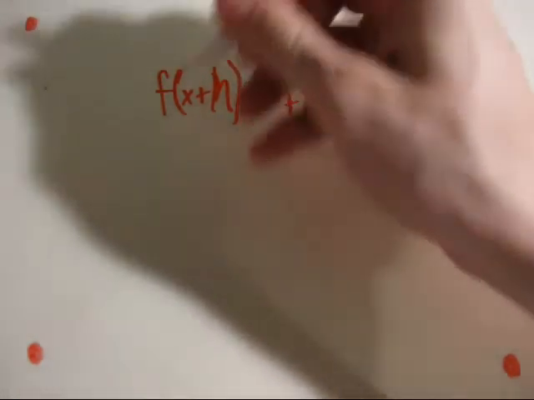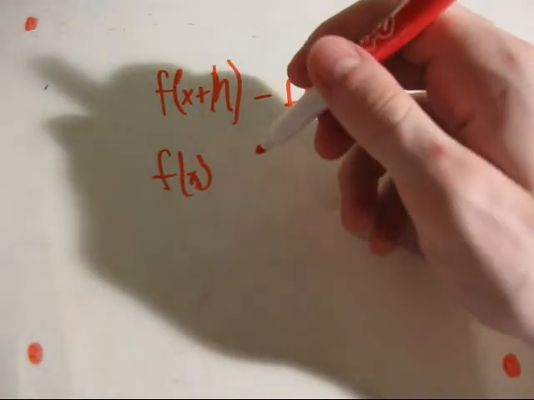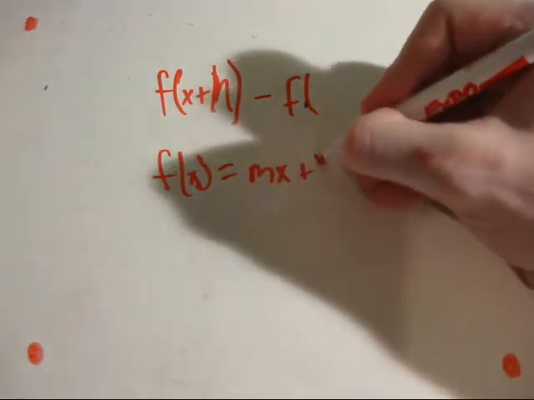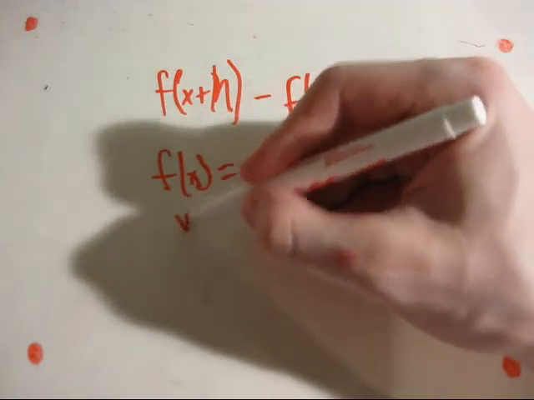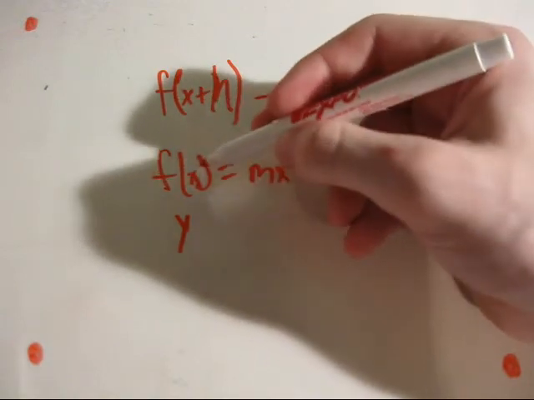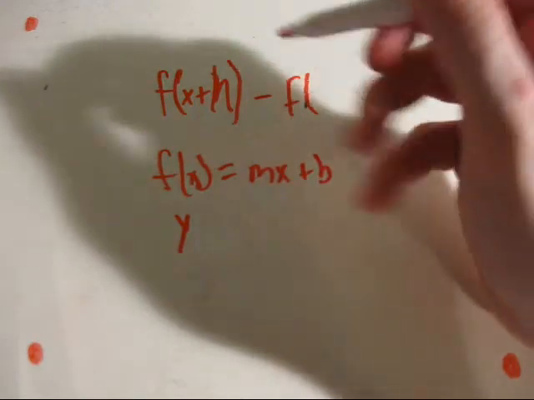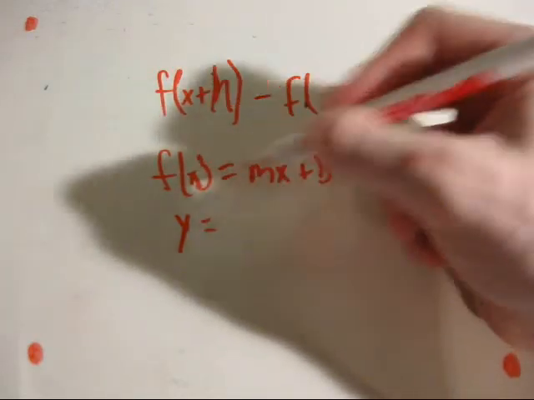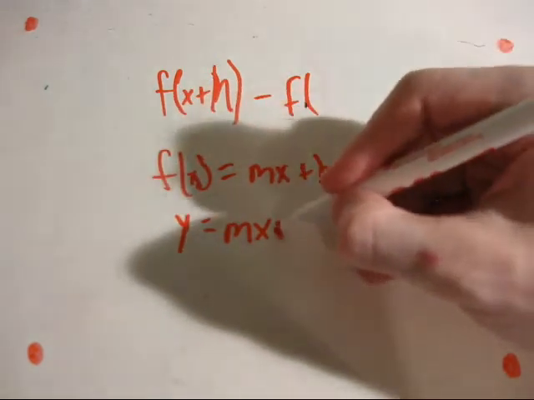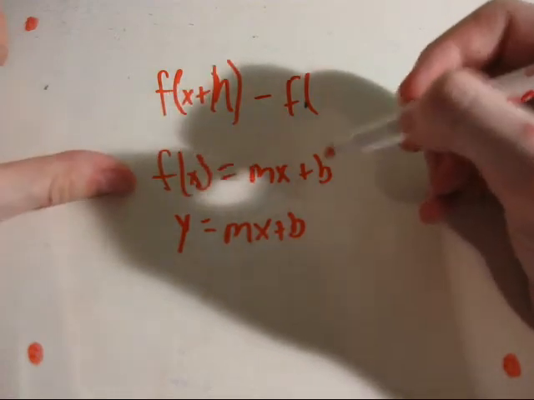By the way, this f of x is your function notation. So f of x equals mx plus b. Basically, y is the same as f of x, or this could be g of x, or g of l, or something else entirely. But understand that when we put this, it's just a way of saying y equals mx plus b is a function.